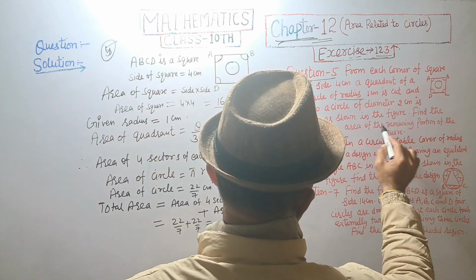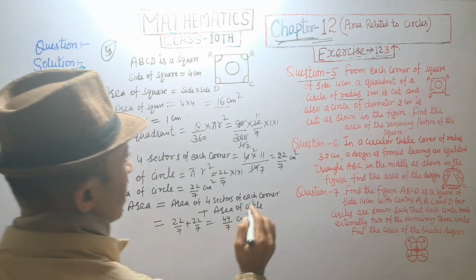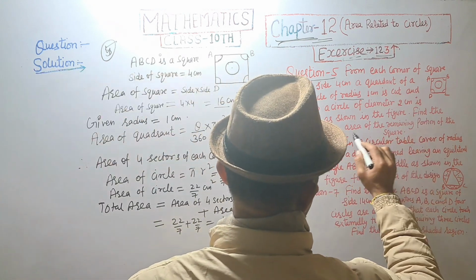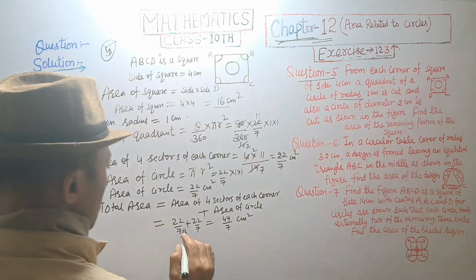Find the area of the remaining portion of the square.